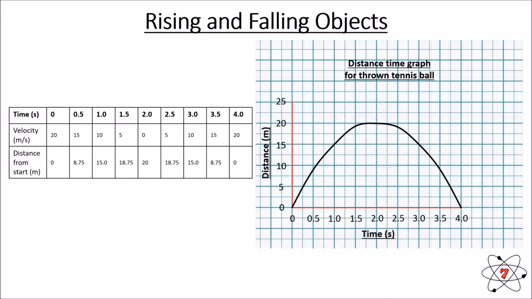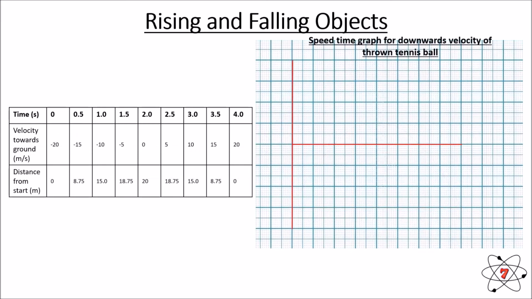And the curve is getting steeper as it travels back down, so it's showing positive acceleration. You'll also notice that as you get to 2 seconds, at the top of the curve, the ball has stopped moving. Its velocity for a very short amount of time becomes 0.